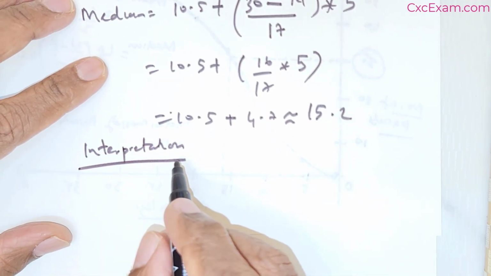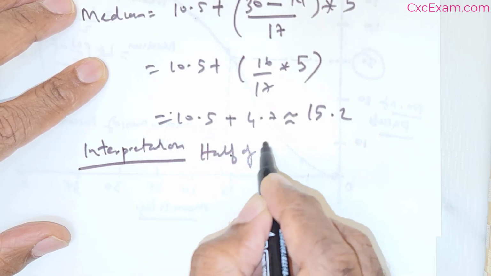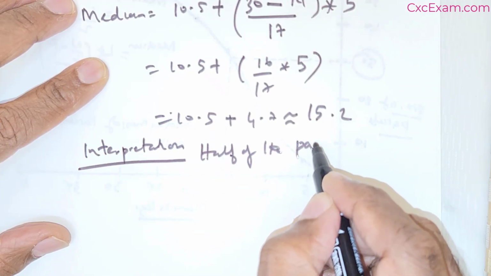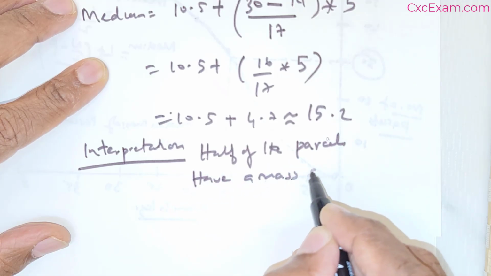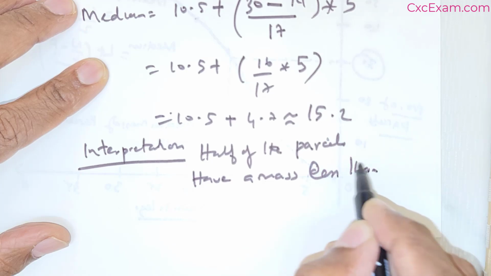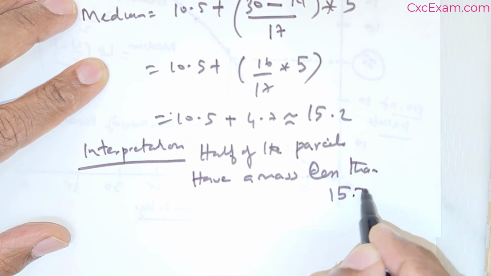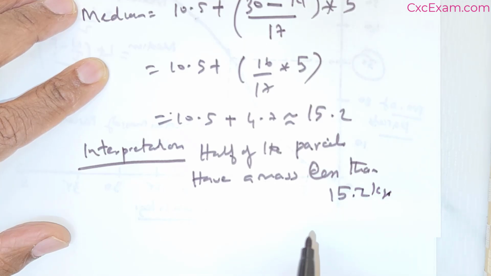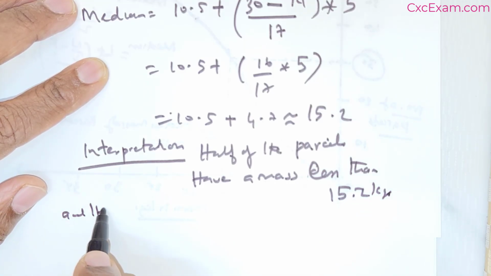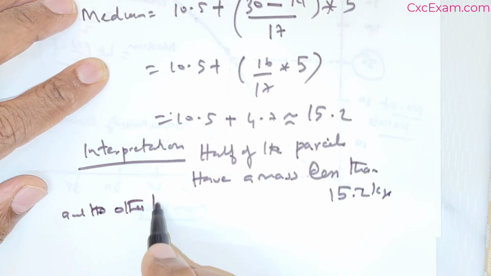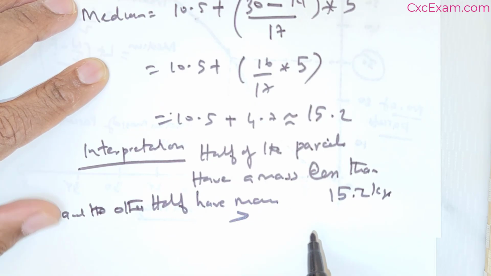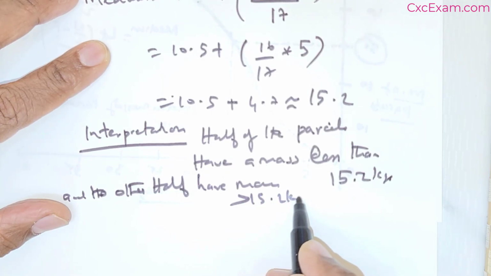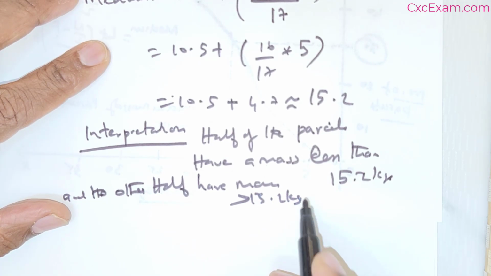The interpretation is half of the parcels have a mass less than 15.2 kg and the other half have mass greater than 15.2 kg. Okay, so this is the conclusion.